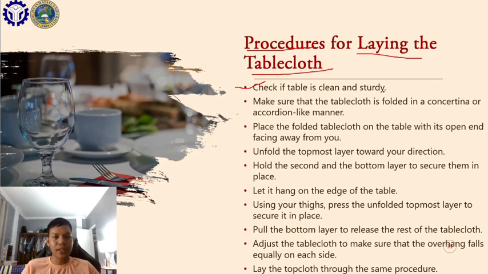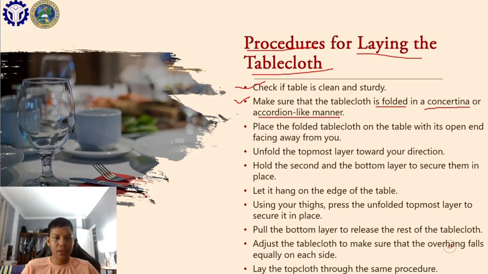Sometimes it can also damage the cloth if we put the cloth on the table and there is something on the table. So we need to check. Next, we need to make sure that the tablecloth is folded in a concertina or accordion-like manner.